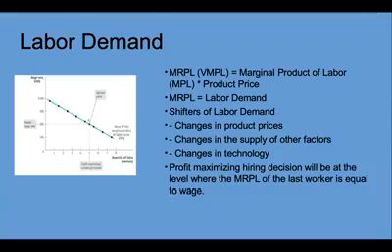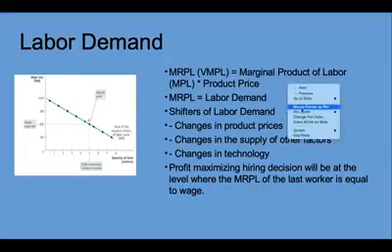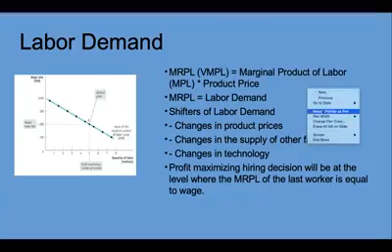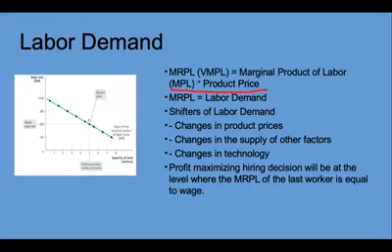So the employer has to really convert into monetary terms. How can he convert into monetary terms? He can multiply. Here we can see that: how many additional products the additional worker brings, that is the marginal product of labor, multiplied with the product price.